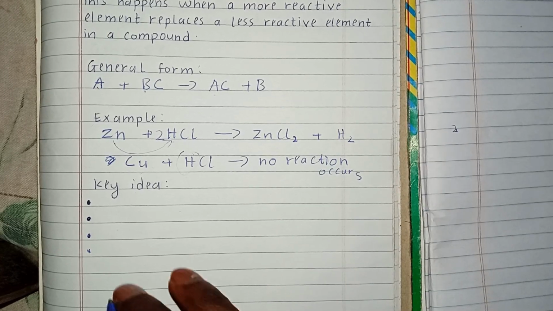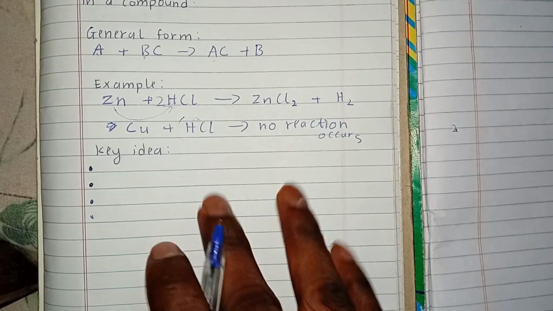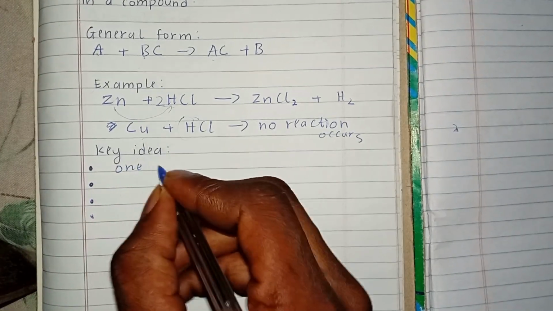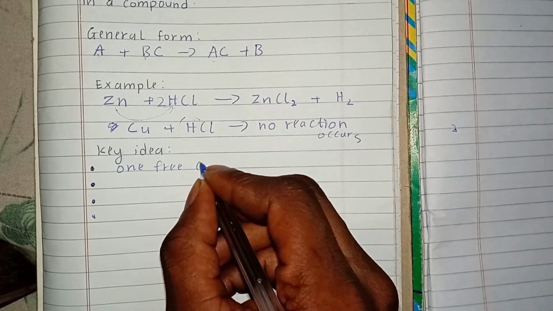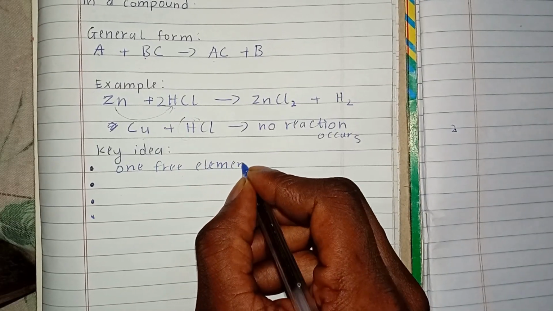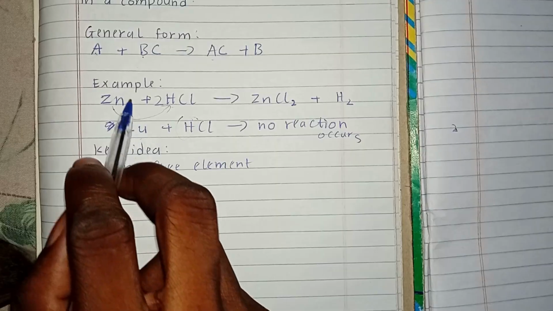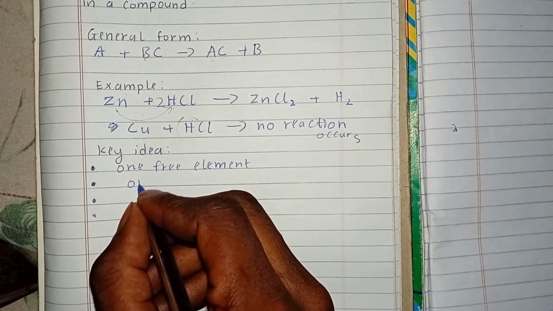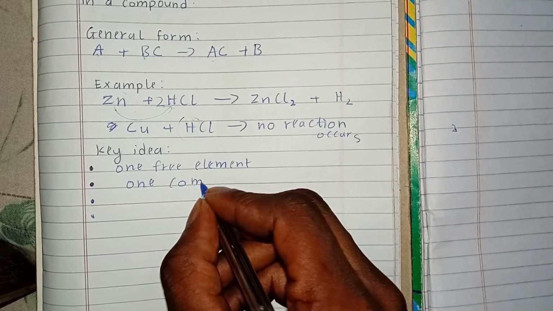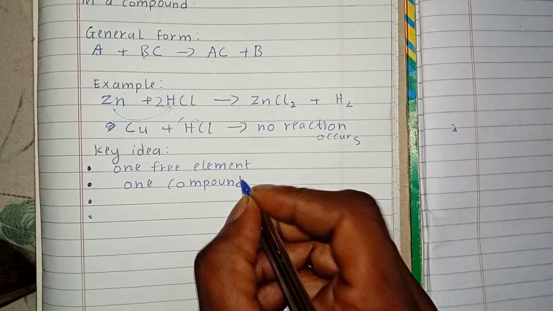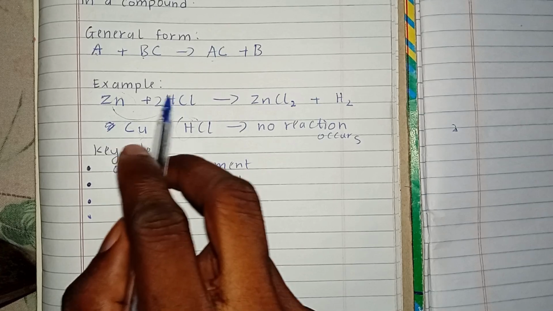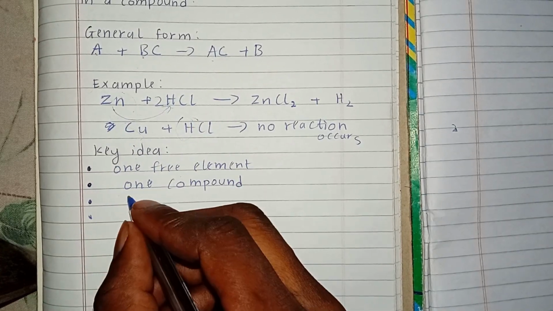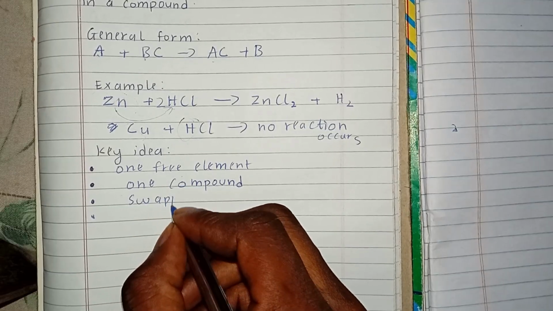So now let's take our key ideas. So first key idea is, in this reaction there is one free element. As you can see, there's always one free element just there on its own, and there is one compound. Okay, and in this reaction there is swapping.